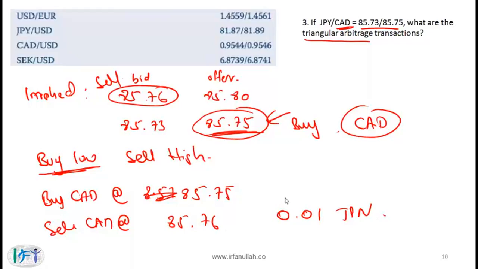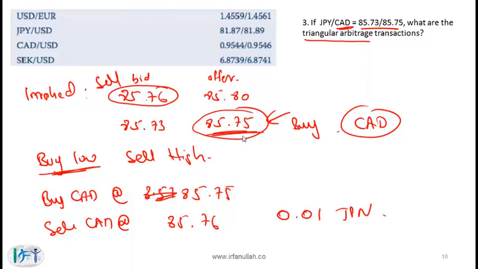So what are the key points over here? The key point is that to make an arbitrage profit, there needs to be an inconsistency between the implied cross rate and the cross rate. Specifically, the example we've seen here is that if the implied bid is higher than the offer rate in this interbank market, then you can make an arbitrage profit.